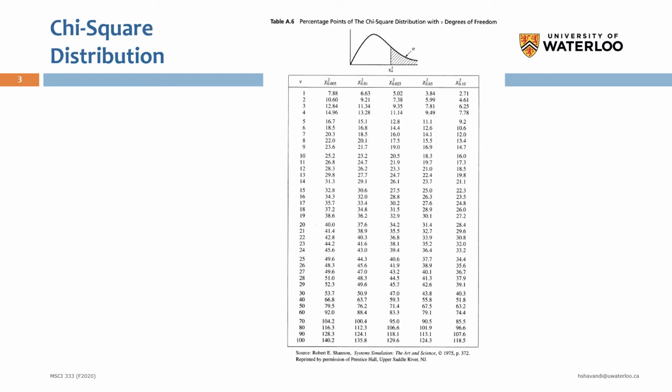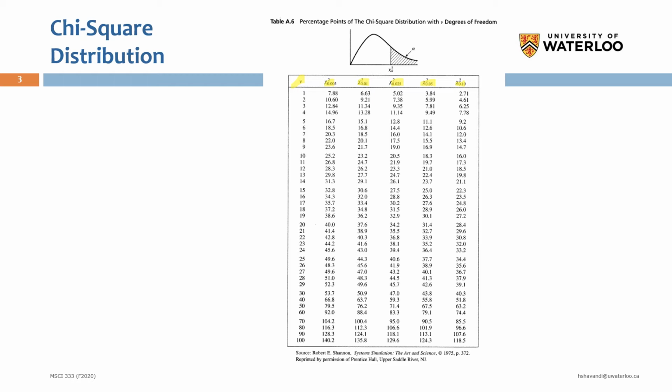And here is the table for the chi-square distribution, so we can obtain the critical values from the alpha values. As you see here, we have these alpha values, and also the degrees of freedom, which is n minus 1.